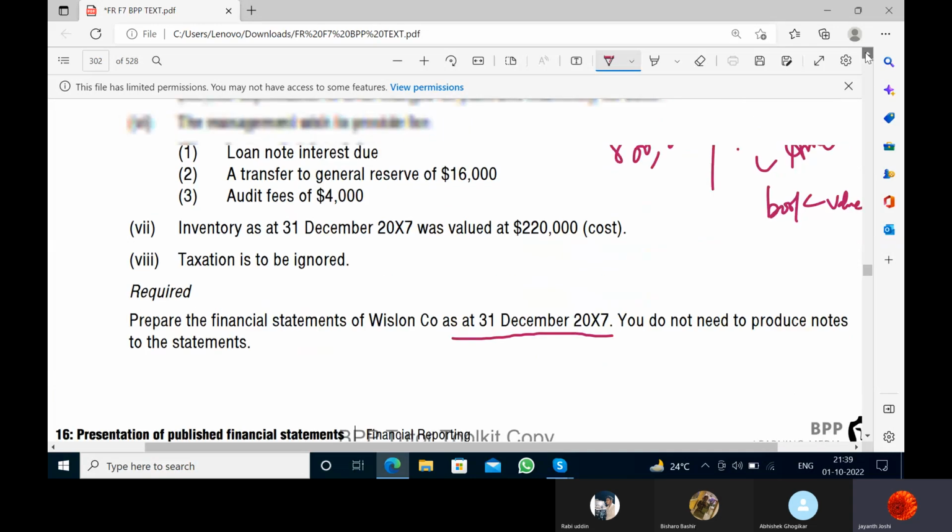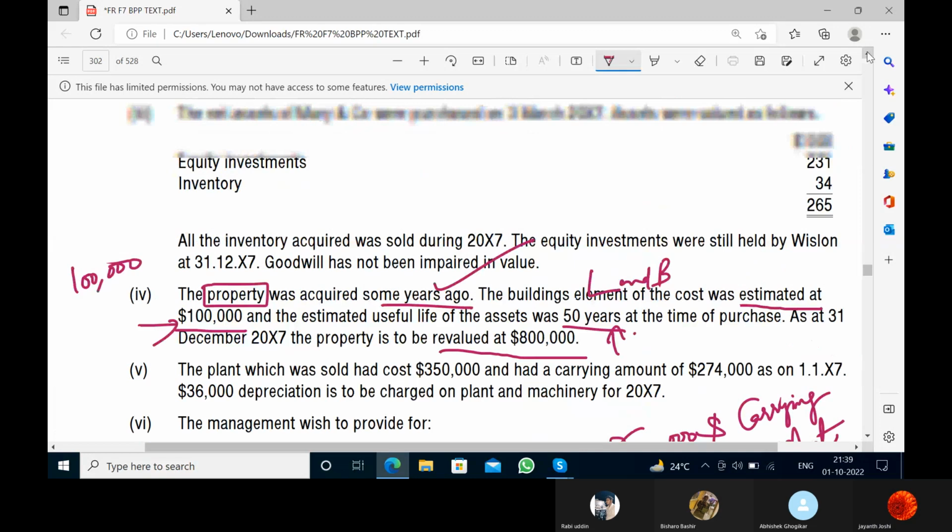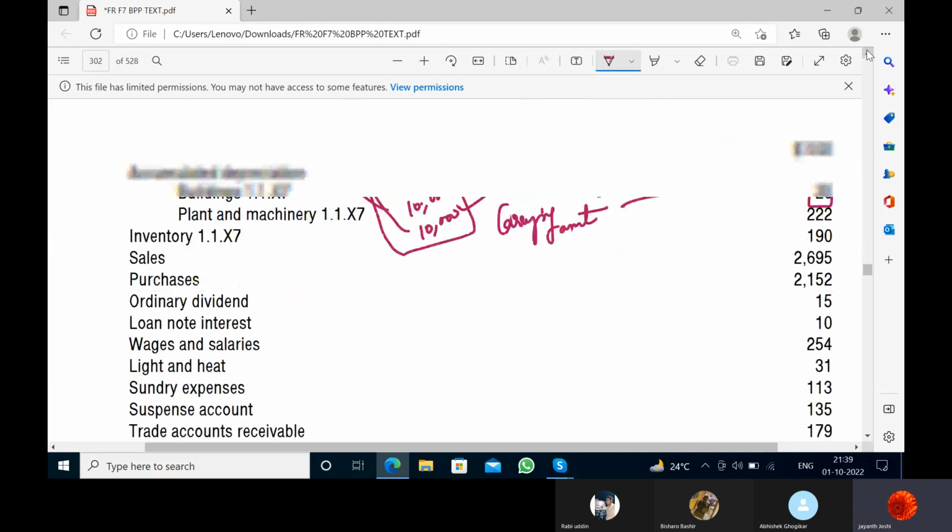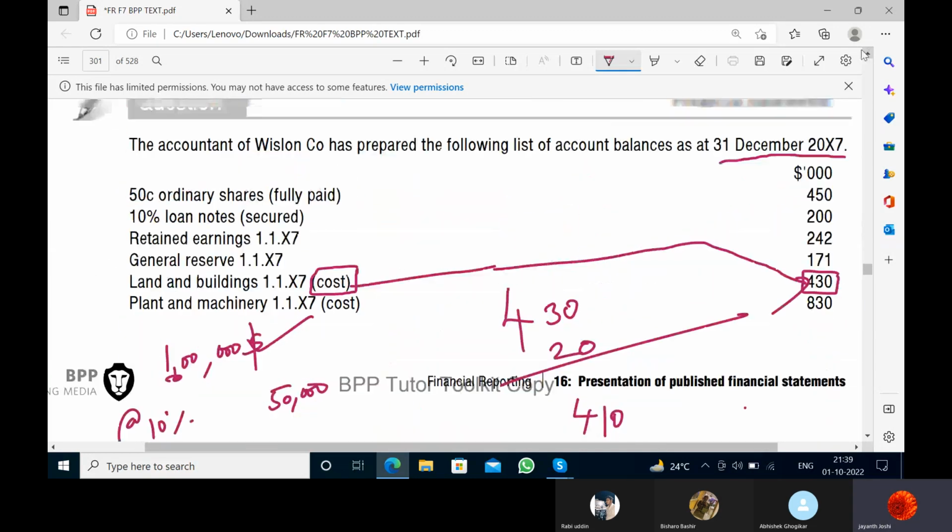Okay, so this is what they're asking you. So till that time, the accumulated depreciation account is showing how much, and you should see, dates are very important. This is the land and buildings as on 1st January 2007, the beginning of the year.